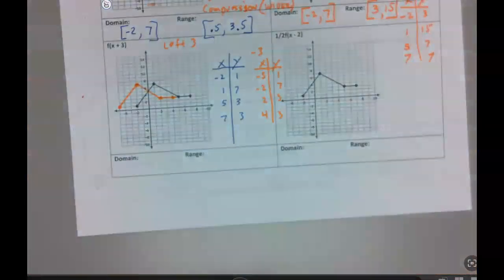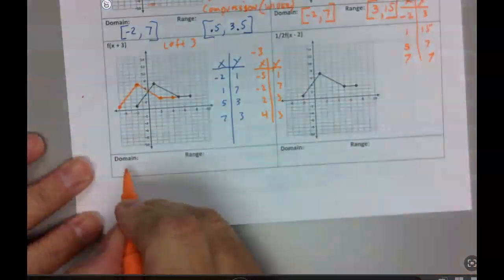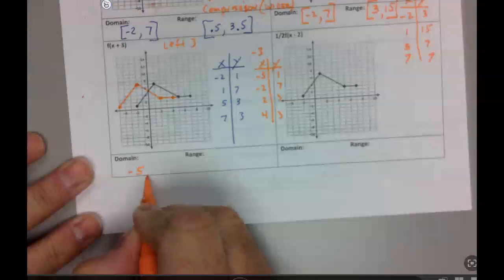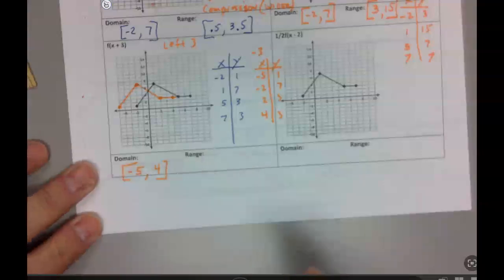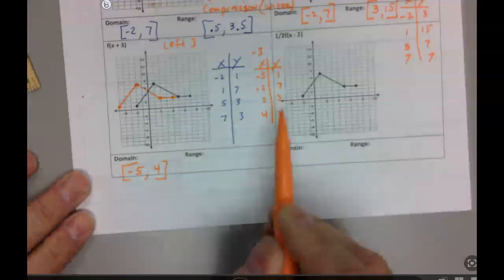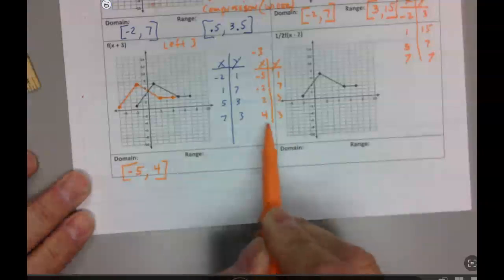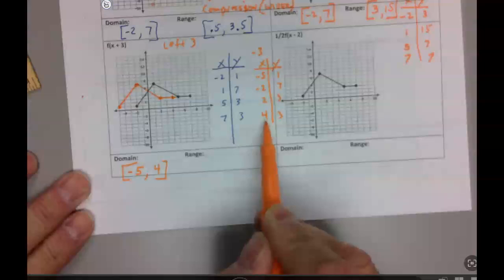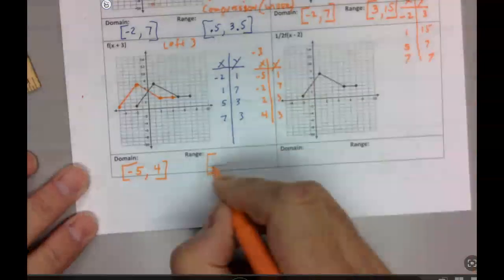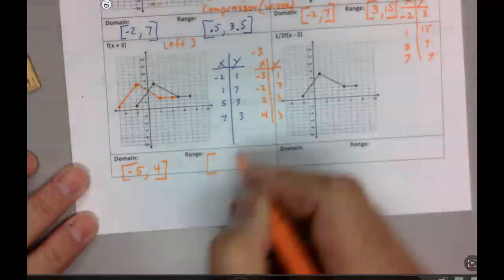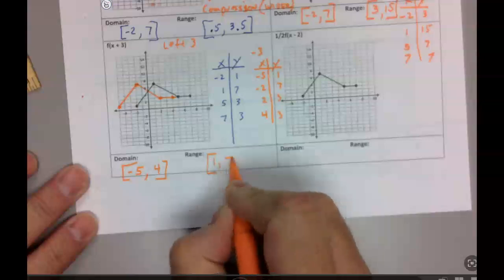Okay, so the domain would be negative 5 to 4. Is that right? The smallest x is negative 5 and the biggest is 4. Is that right? Your range, what's your smallest value? 1. And what's your biggest value? 7.